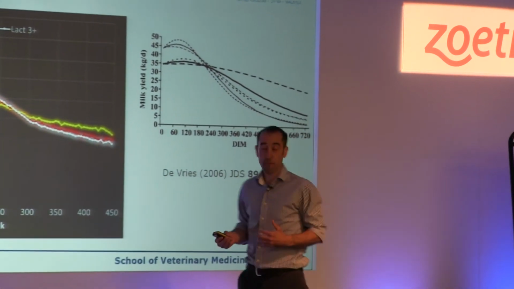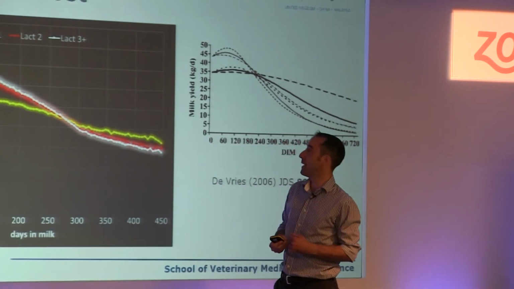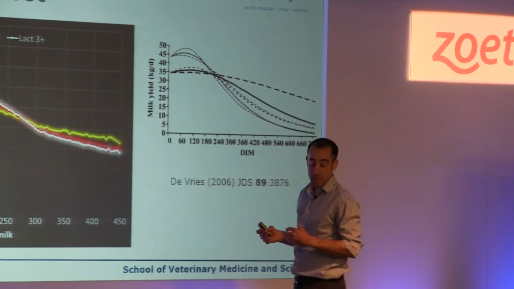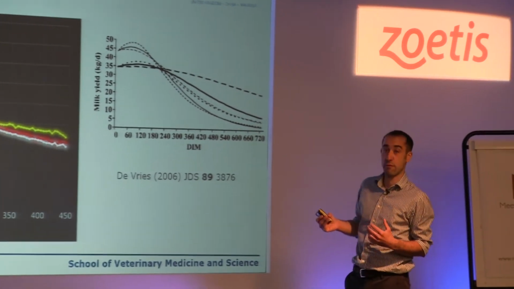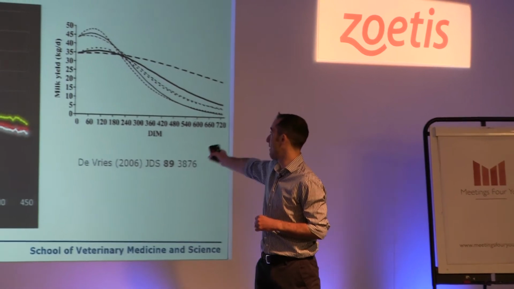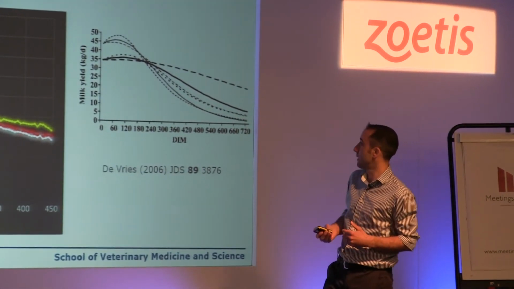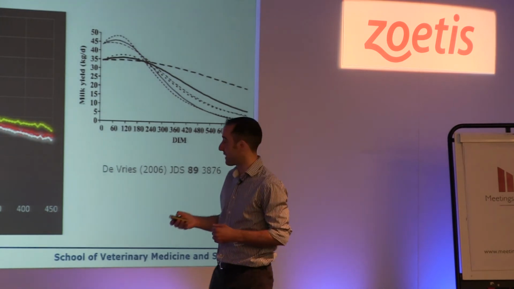Heifers are generally more persistent. They yield better in late lactation and have a less peaked shape of curve. So in some situations, that can justify different fertility policies for different lactation numbers. The graph on the right there is just a similar thing from US herds, and again, you can see their curve shapes are fairly similar.